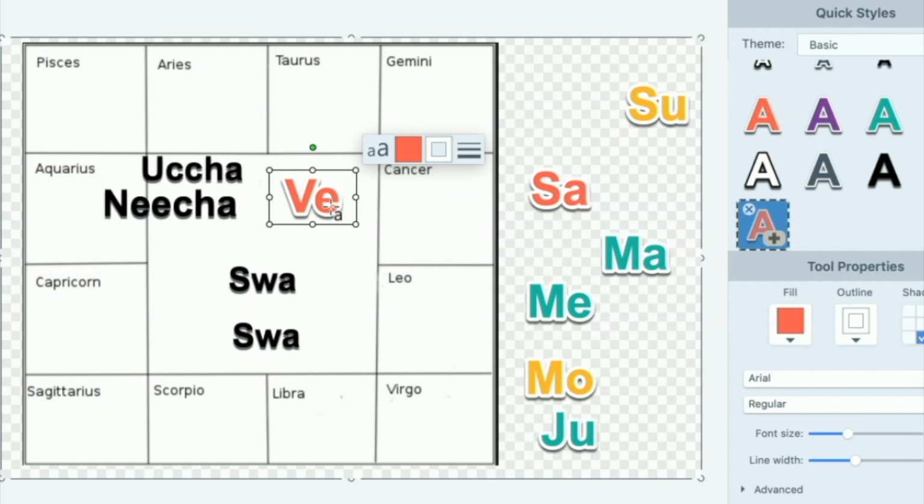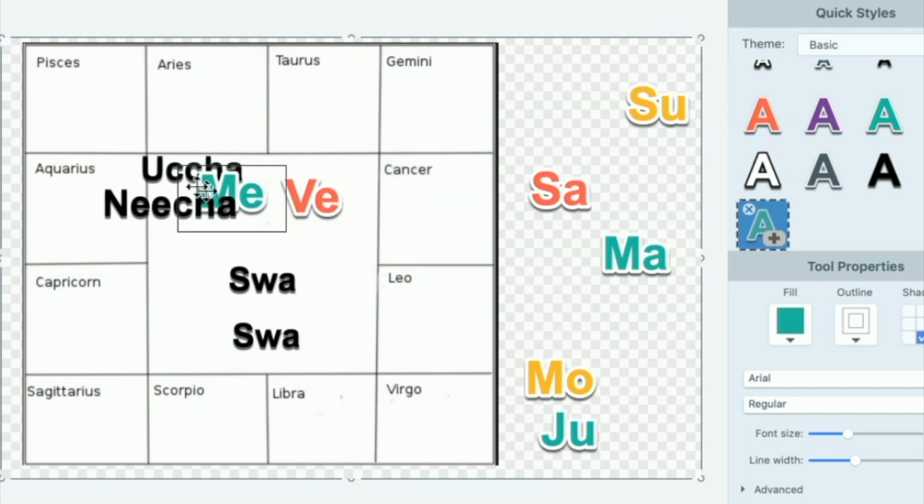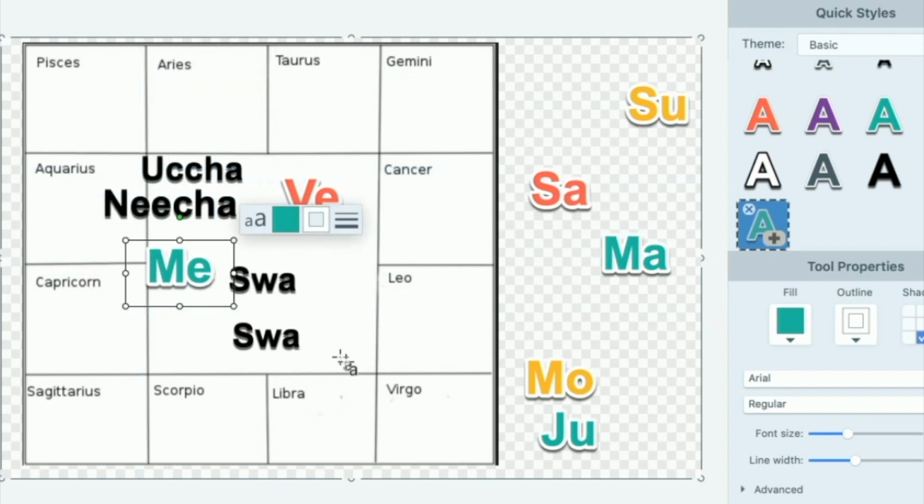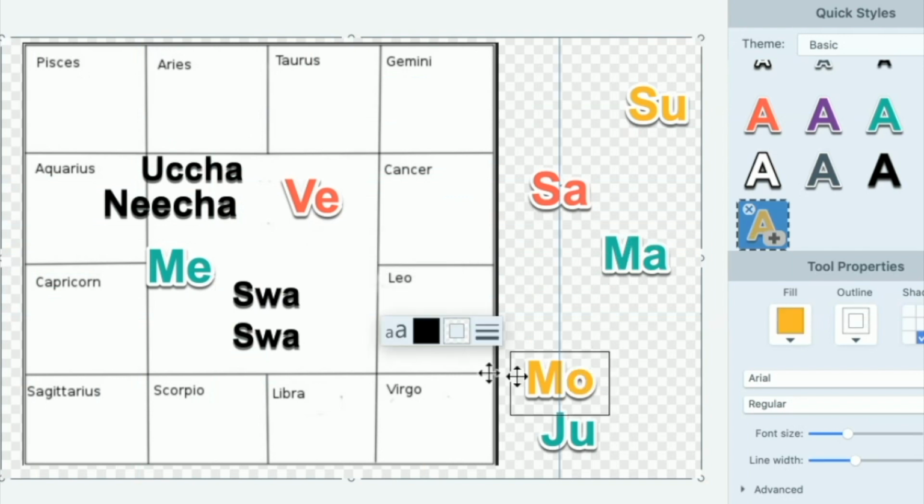He wants to count the trees. That's why Mercury's debilitated in Pisces, because he wants to analyze. So if you just remember that one rule, Venus debilitated in Virgo, you'll remember about Mercury being exalted and debilitated.